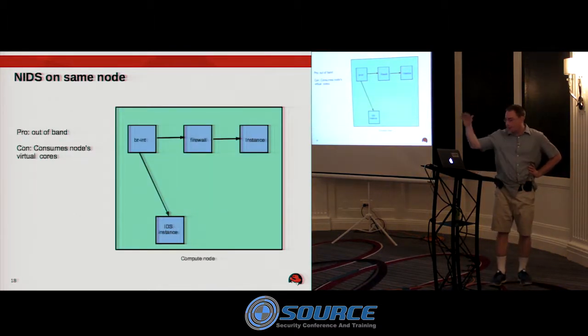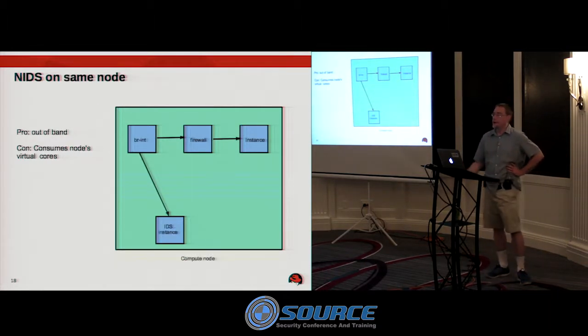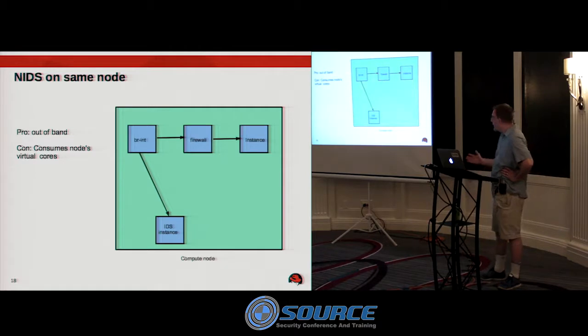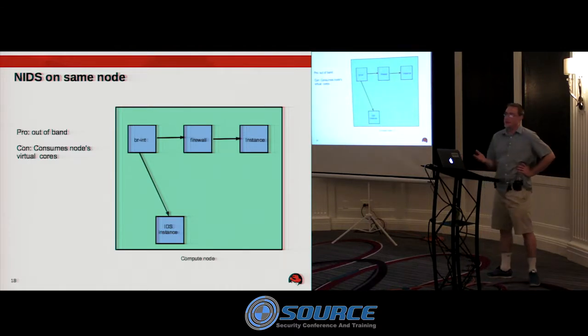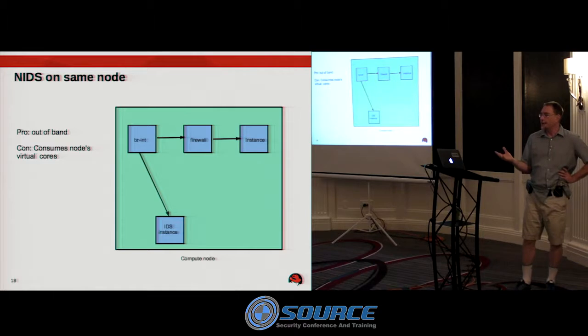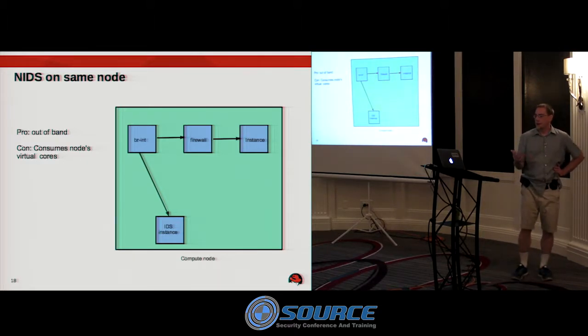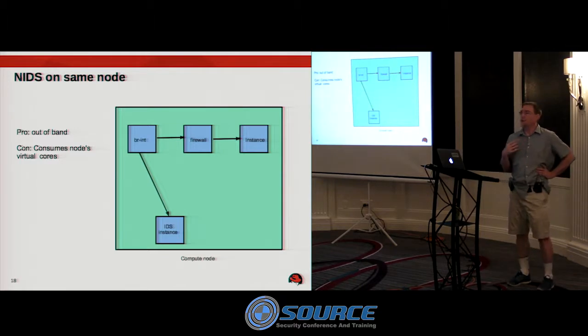All right. Let's go back up to the high level now, and we can point out another factor at an architectural level. Your IDS, your sniffer, could live on the same node, but the problem is if you've spun up a virtual machine which is running an IDS instance, then the virtual cores which run that come out of your budget.